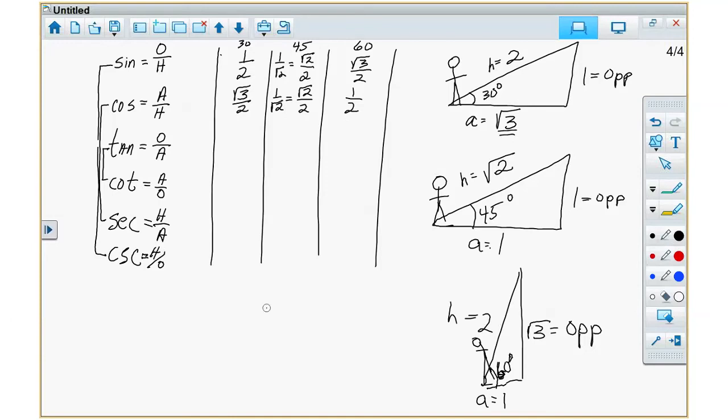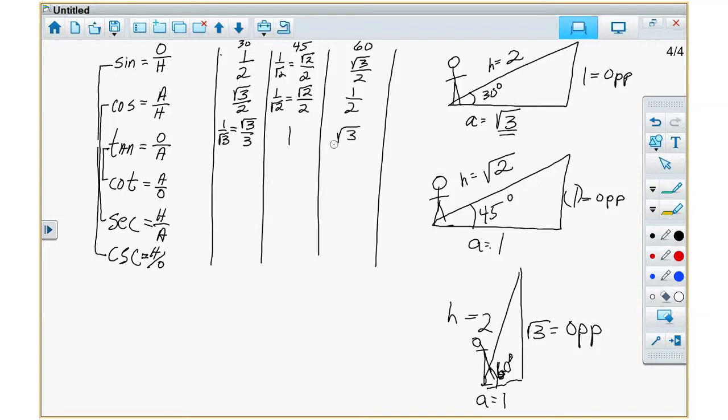Tangent is opposite over adjacent: 1 over the square root of 3, which is equal to the square root of 3 over 3. Opposite over adjacent, 1. Opposite over adjacent, square root of 3.